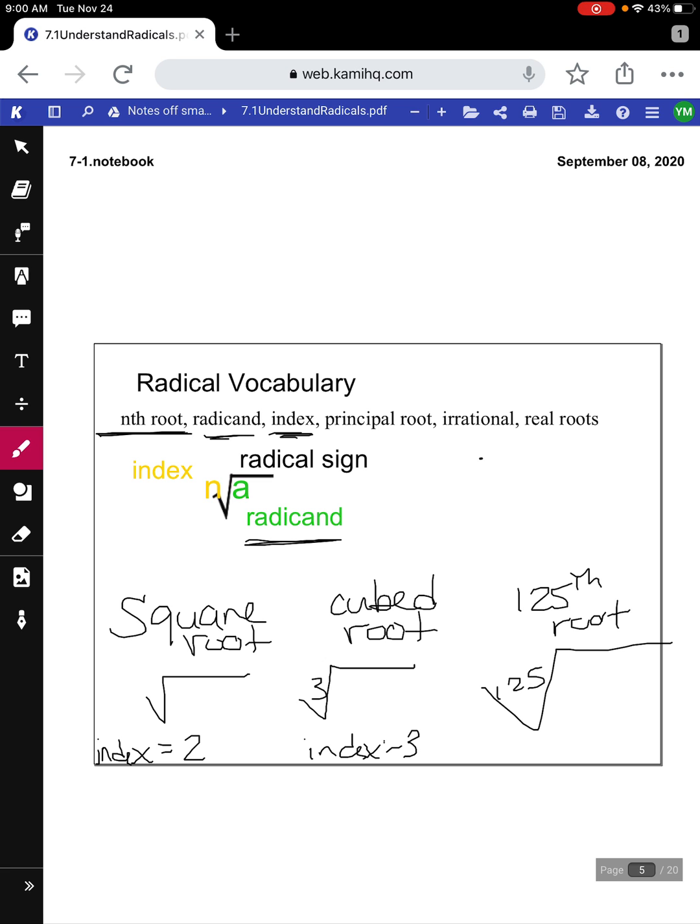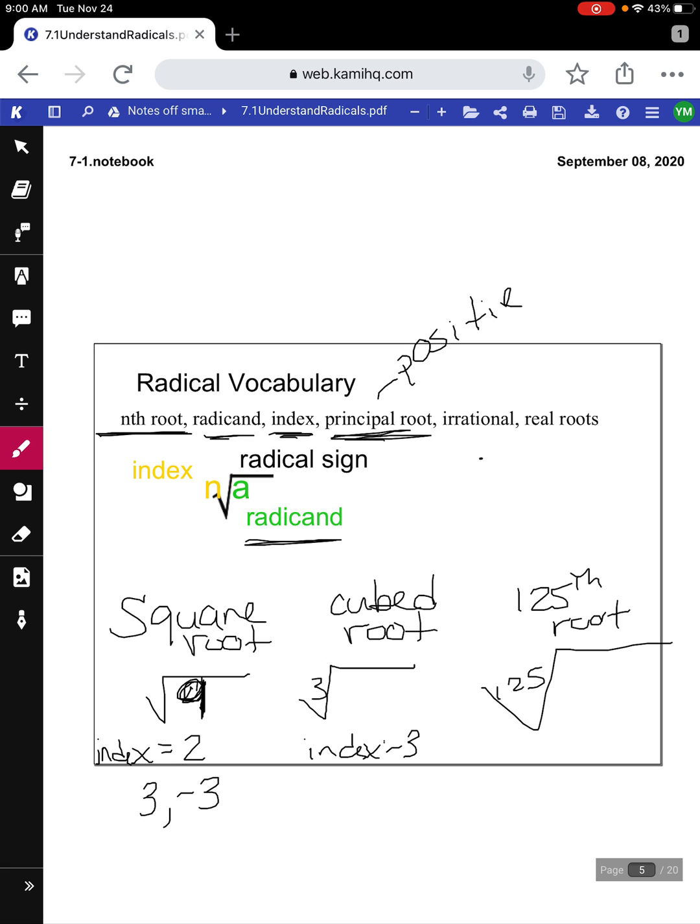Okay? Principal root. Principal root just means positive root. So it's the one that's positive. So the square root of 4, let me use 9. The square root of 9 is going to be 3 and -3, because both of those squared would get you back 9.